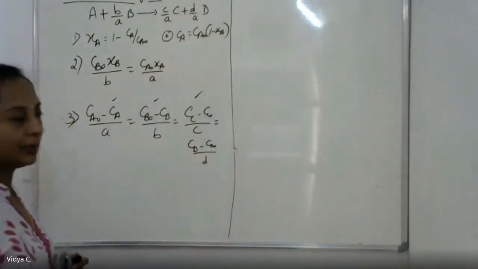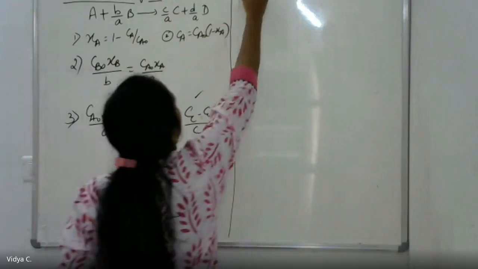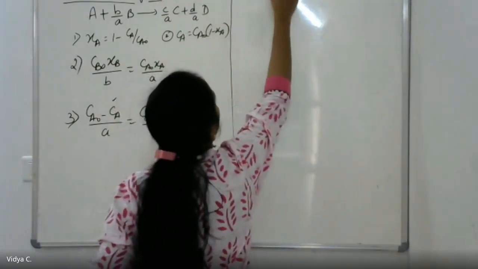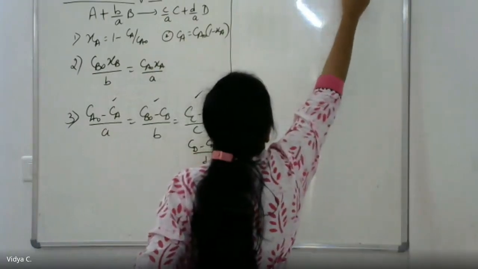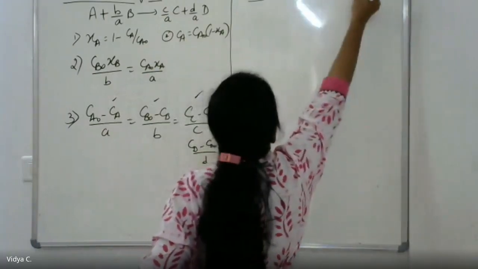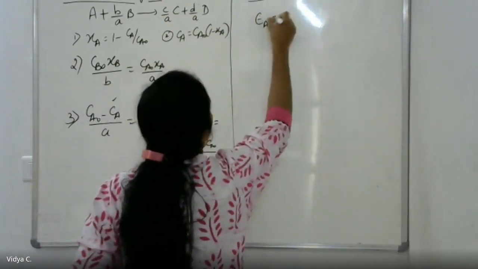It's very important. Now let us summarize the formulas for variable volume systems. First thing here is epsilon.